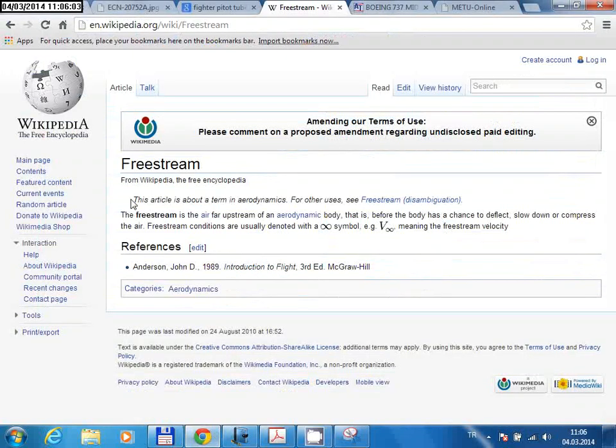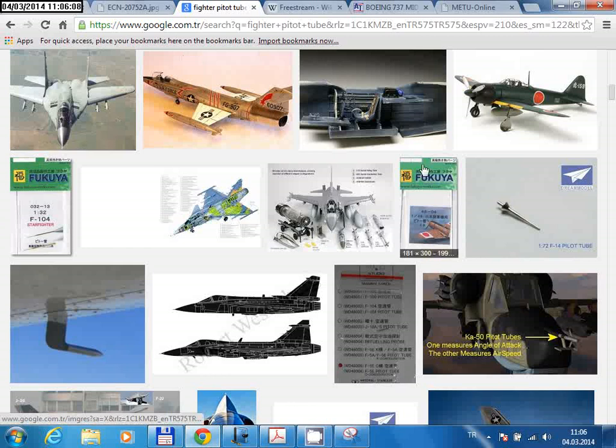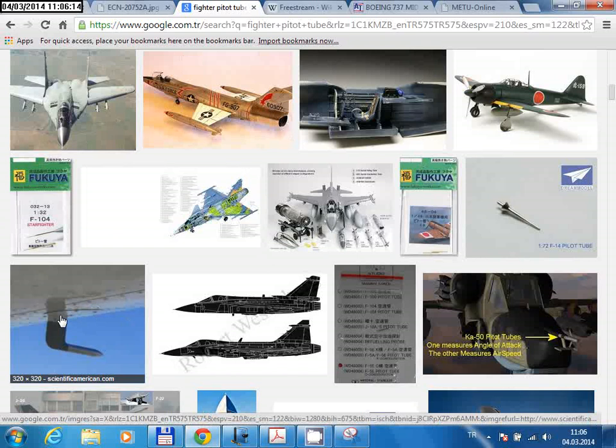So let's take a look at some sample placements. For example, here they put it underneath the wing, but it's extended forward a little bit. So the idea is that the effect of the aircraft geometry is less there.